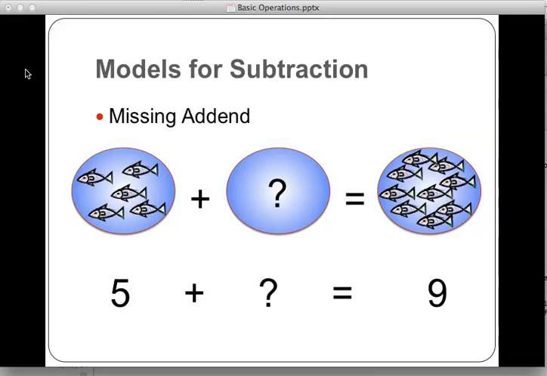So imagine if you have $10 in your wallet, you need to have $12 to pay for something. How much more do you need? It's truly a subtraction problem. It's not takeaway. It's called missing addend. This example, I'll do my best to make it concrete, but it's still not concrete. But it's a subtraction problem.